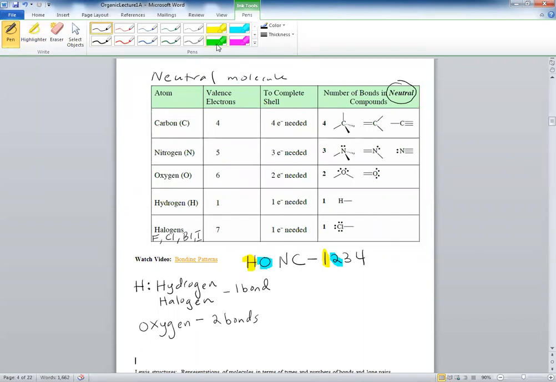The N, you guessed it by now, that's nitrogen. Requires what? 3 bonds. Three bonds. And then, of course, finally is carbon, which requires 4 bonds.